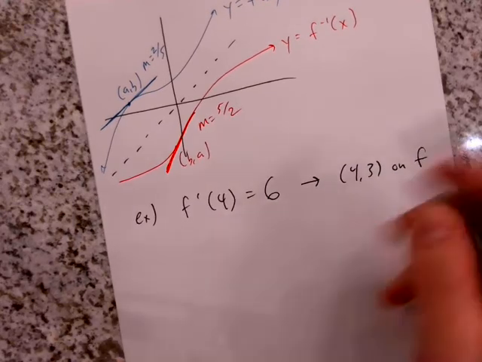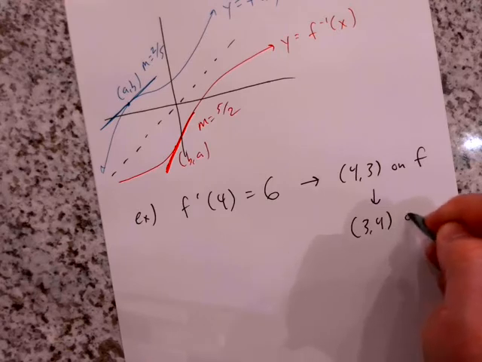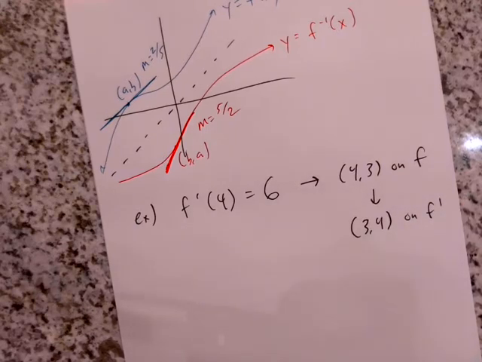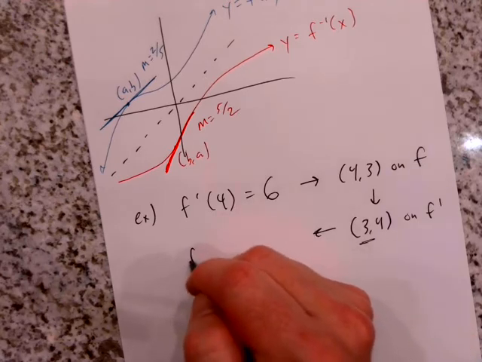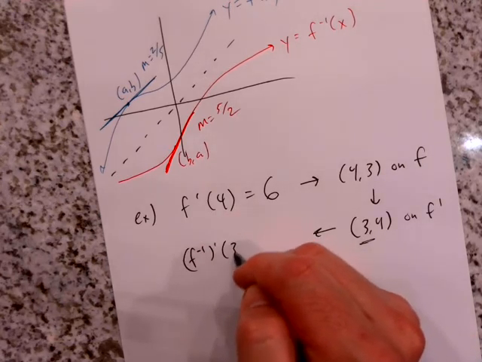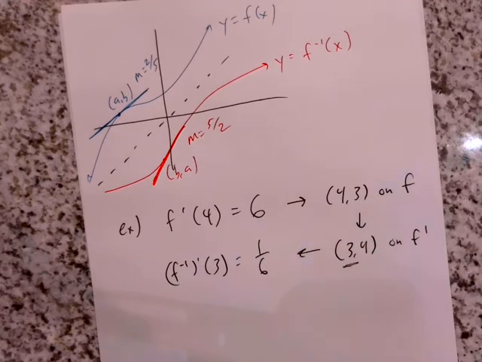That means that the corresponding point on f inverse is 3 comma 4, since f inverse just switches the x and the y. And the slope at this point, f inverse prime of 3, is 1 over 6. Because the x and the y get flipped, and switching the x and the y flips over your slope.